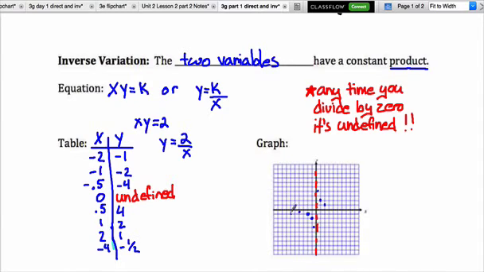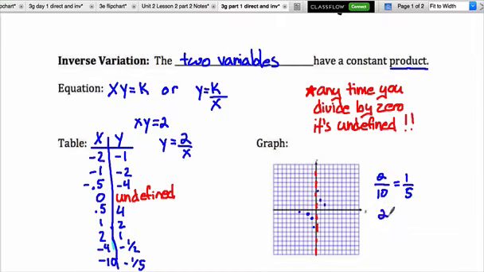Well, I'm starting to see a curve here. Well, what if I were to plug in negative 10? What does that give me? So 2 divided by negative 10 is negative 1/5. So I'm kind of starting to see a pattern here. As the bottom gets bigger, as this x gets bigger, the y's get smaller, right? So if I have 2 over 10, that's 1/5.